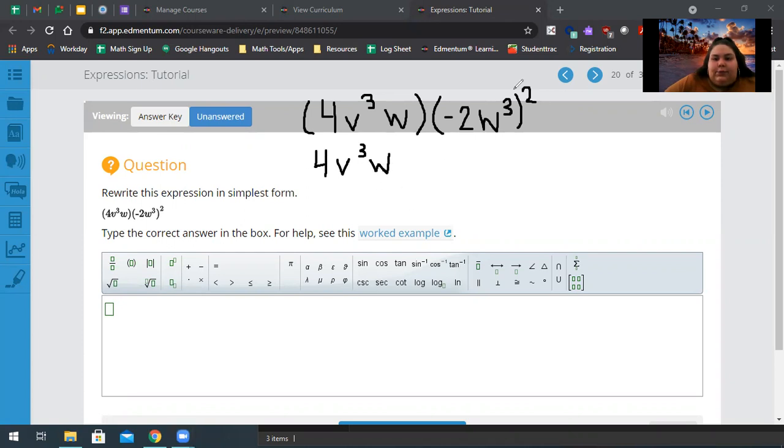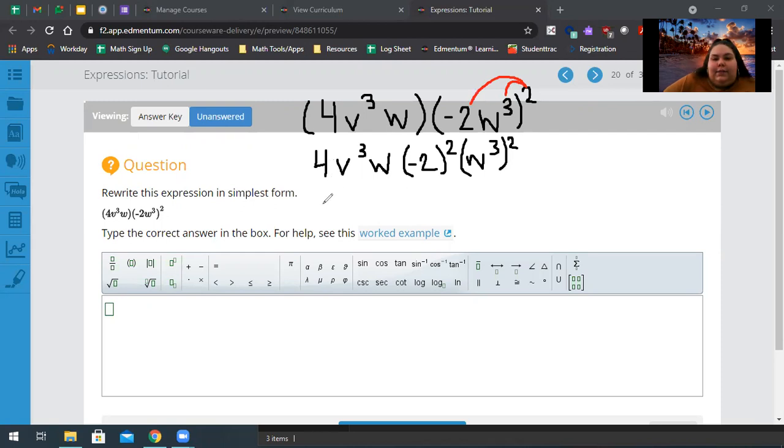Now let's handle this one here. Now remember, this 2 will get distributed to this negative 2 and to this w to the third power. So I'm going to rewrite this as negative 2 to the 2 power, and then w to the third power raised to the 2 power. So again, we can still simplify here.